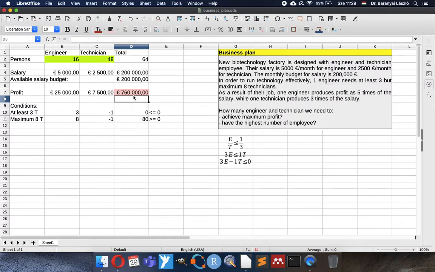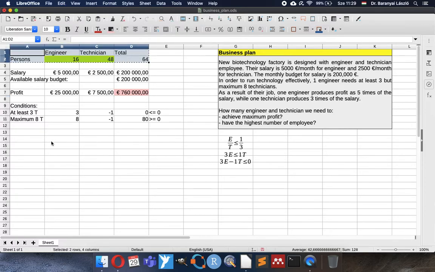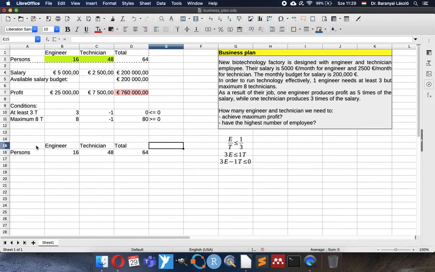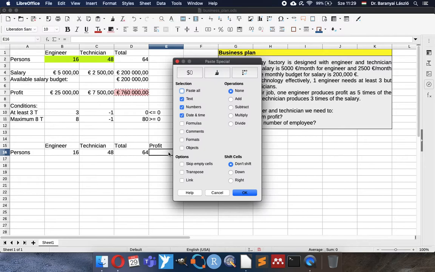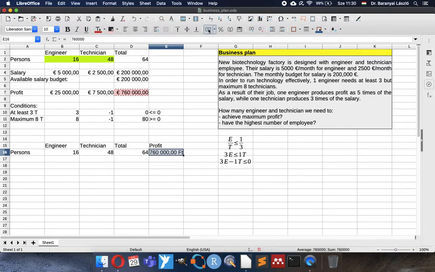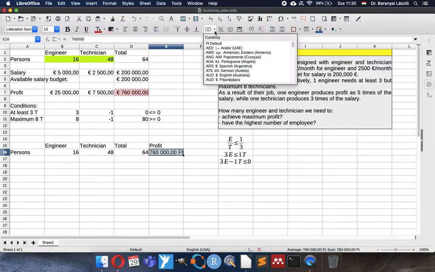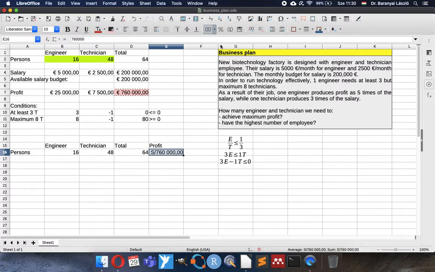Here you can see what profit we can produce with this result. I will copy this down, paste special, and the profit with this number of people, and it will be not Hungarian forint, we need euro.